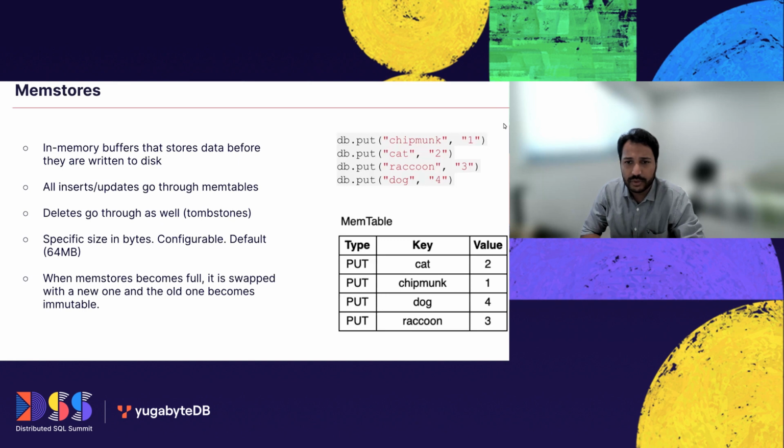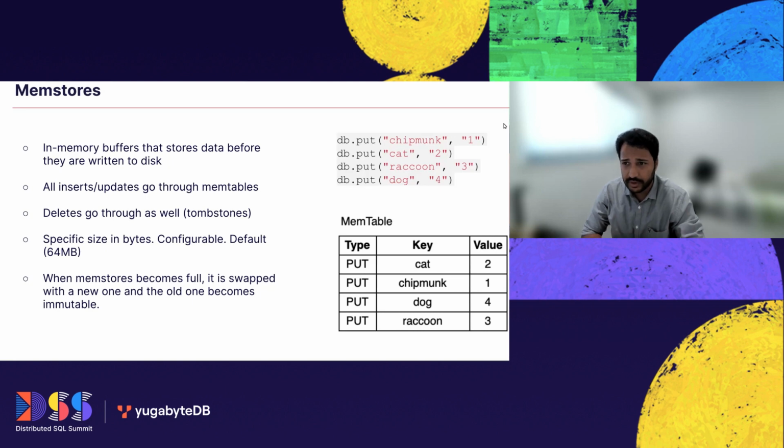Whenever a particular memstore is full, the system automatically marks this memstore as immutable, which means there cannot be any more changes to this memstore, and spins up a new memstore to start taking new writes coming from the application. Now, if you look at the diagram on the right, consider an application sending some put operations with some keys and some values.